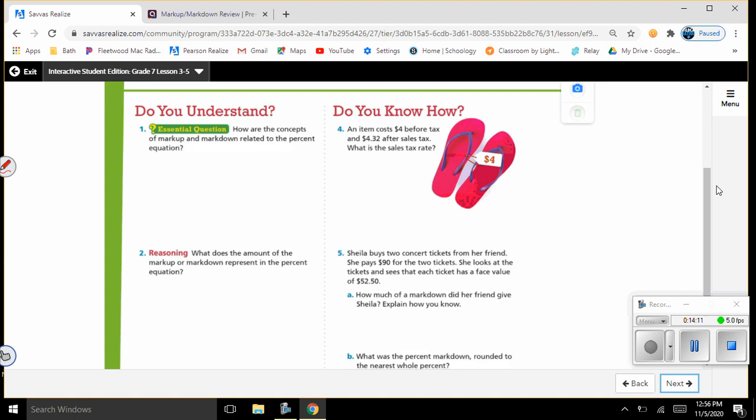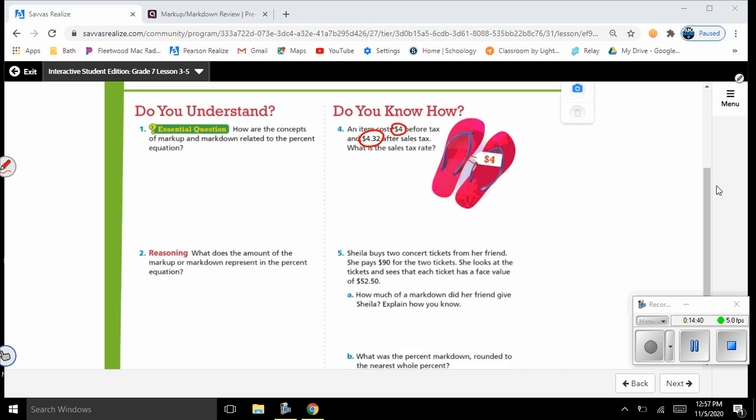So in this particular situation, we're taking a look at this. It was $4 before tax and 32 cents, at $4.32, after tax. So we know that the sales tax equals the sales tax rate times the original cost.